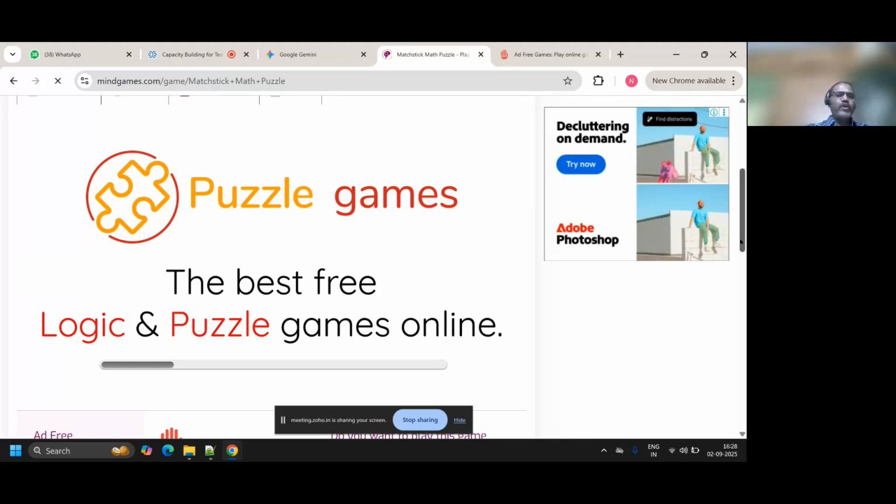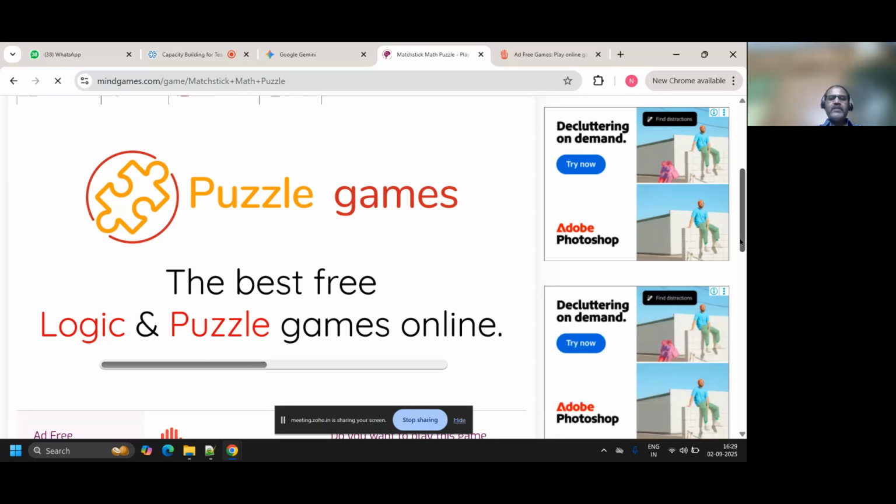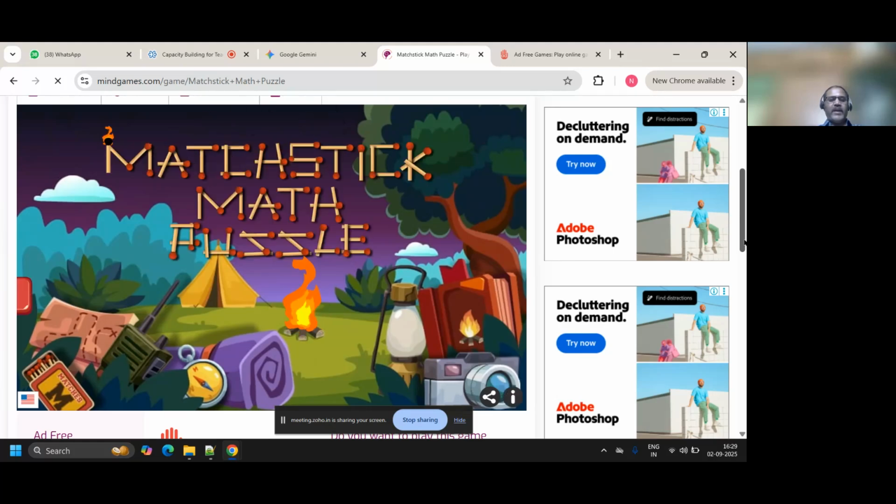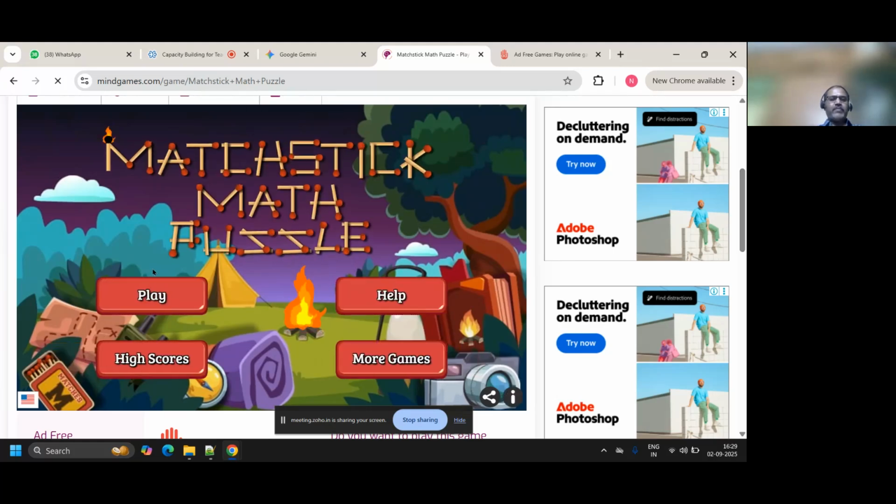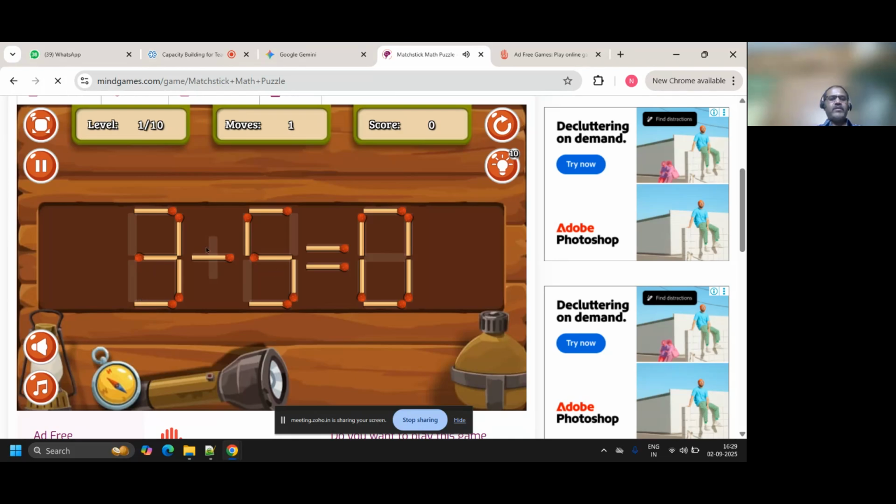I'm just showing one site. There are many other sites that you can really look into. I'm not going to play a game here. I'm just showing you because these are games especially for mind tuning. Again, the matchstick problem. When I say play, help, more games, play 3 minus 5 equal to, right?